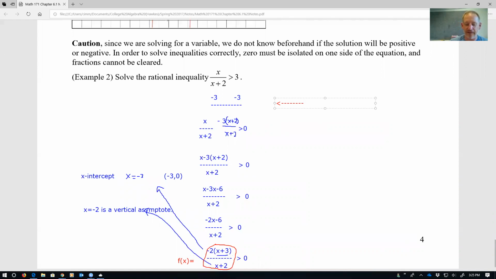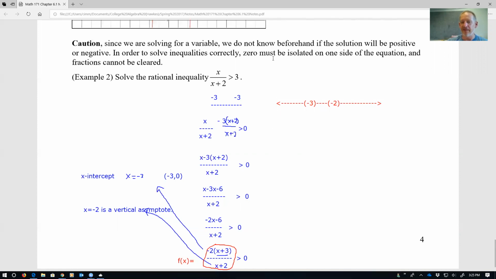Here is -3. Here is x equals -2. Those are the only two points I have to consider, because that's the only place where the function can change signs.